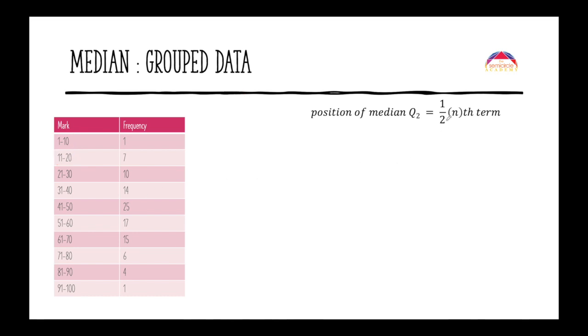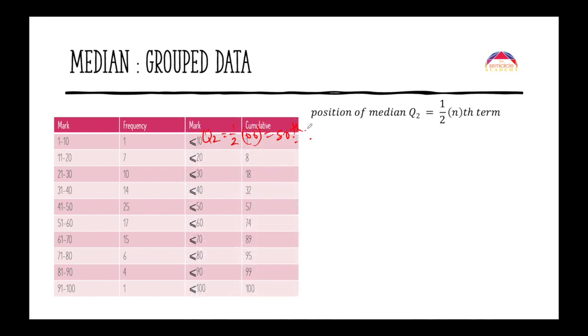So the position of our median is a half n, the half nth term. So in this case, n is 100. So therefore, we will have Q2 being a half of 100, which is 50. So the 50th student, right?